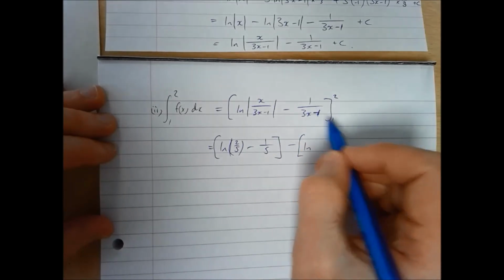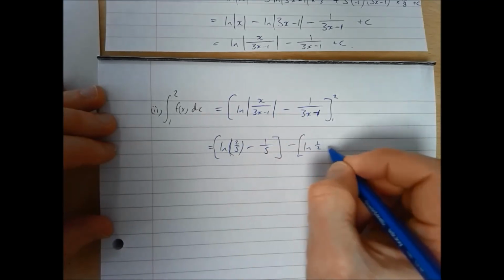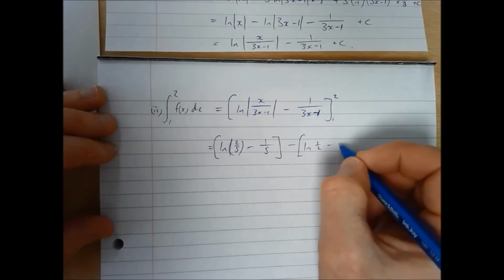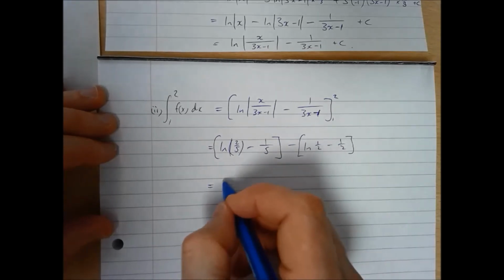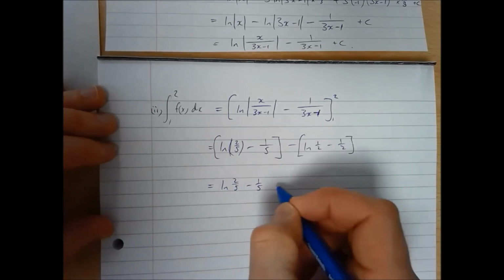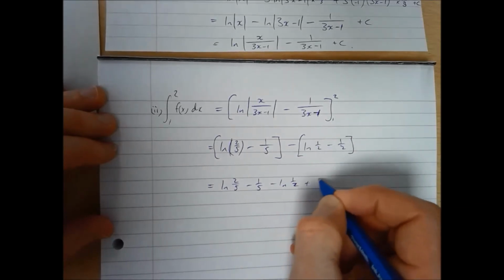Sub the 1 in, you get 1 over 3 times 1 minus 1 is 2, so a half. And here, similarly, you're going to get a 2 in the denominator there, so minus a half. Okay, expand and tidy that up. So ln of 2/5 minus 1/5 minus ln of a half plus a half.